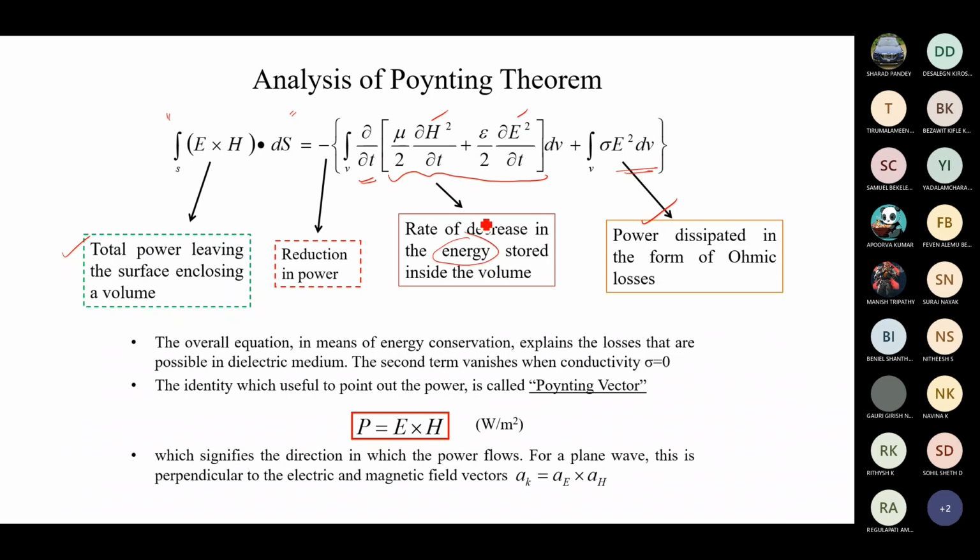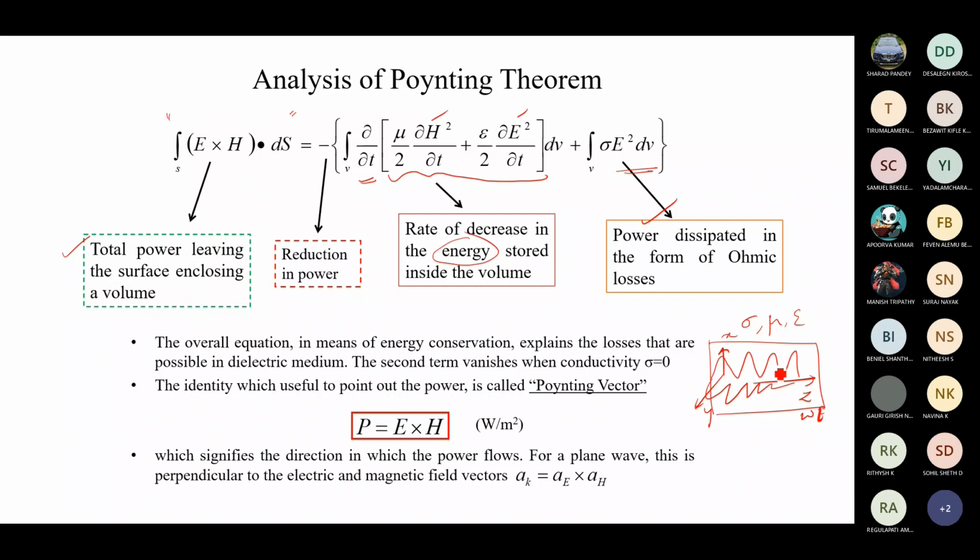In other words, what it means is that there is a medium, and the medium has its own properties like sigma, mu, epsilon, and there is the existence of an electric field, and the corresponding magnetic field is available. One is available along the x-axis, the other along the y-axis, and the wave is traveling along the z-axis, with a constant rate of omega with respect to time, that is, omega t.